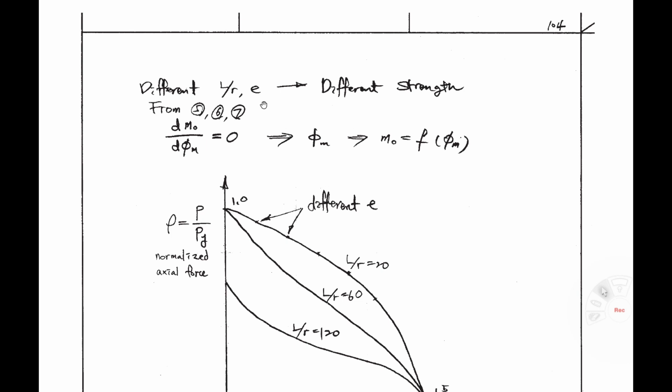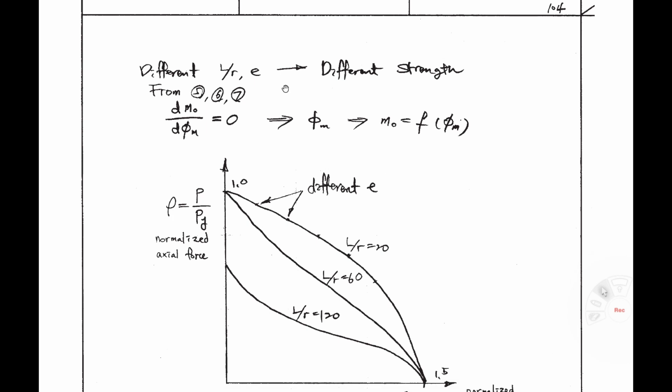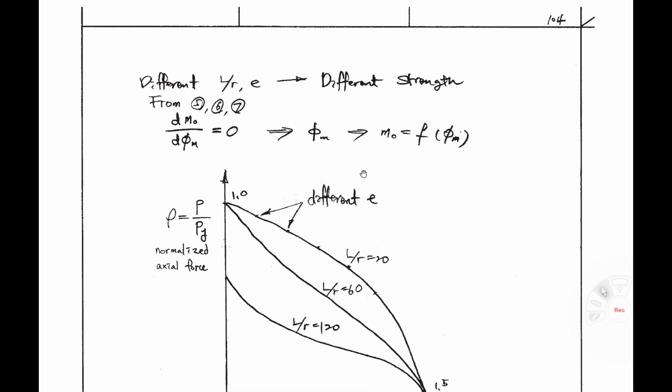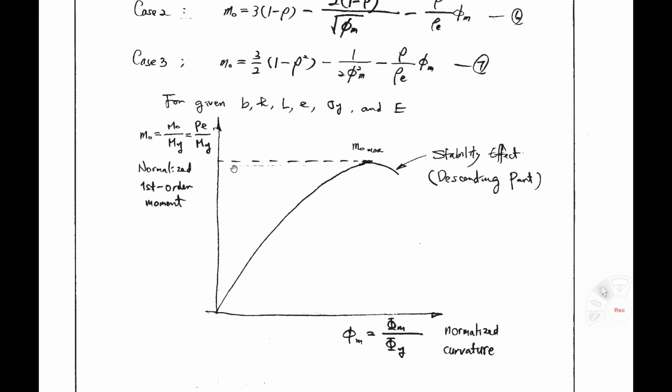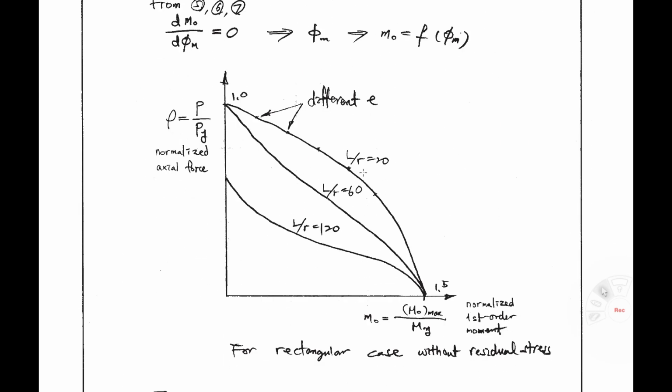If you have large E, meaning large moment, that means a small axial force can be obtained in terms of strength. Okay, so you assign different L/r and E. Then from equations 5, 6, 7, you have the peak value for different L/r and different E.